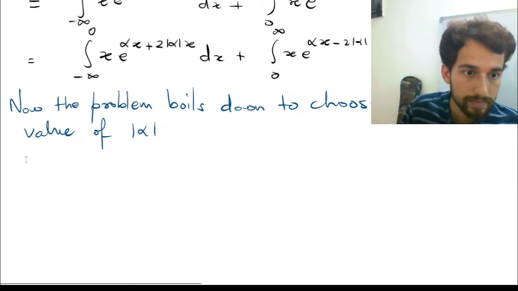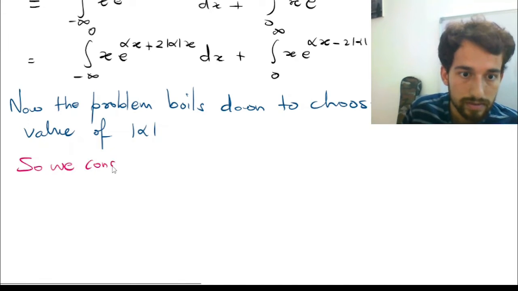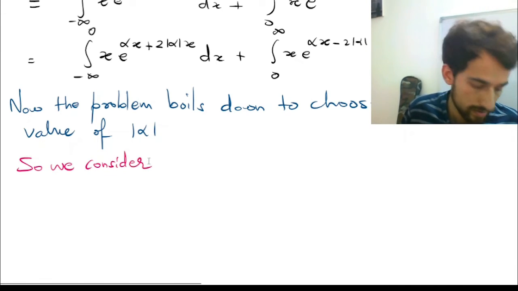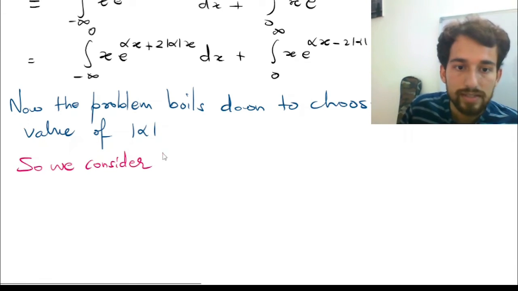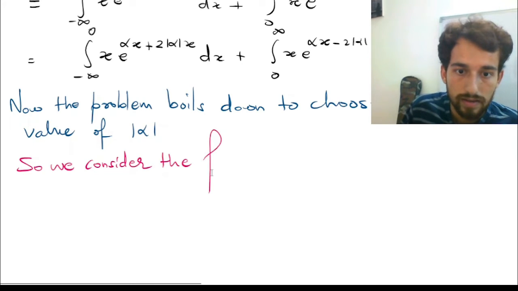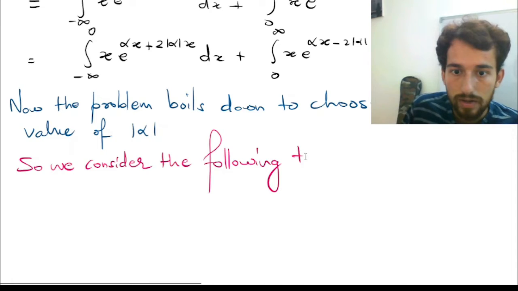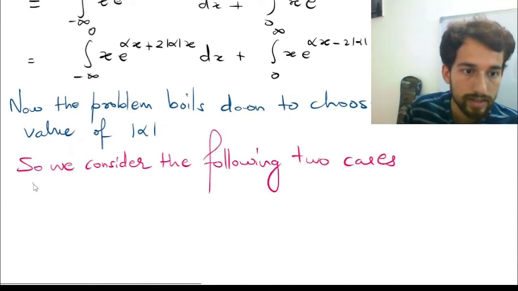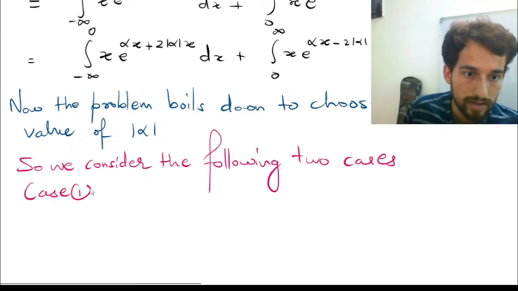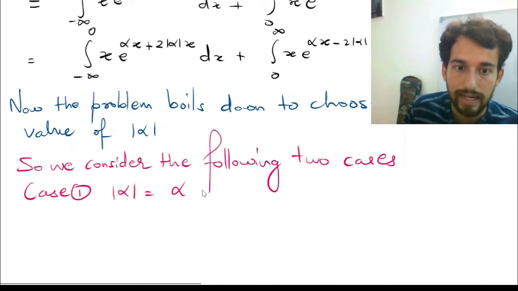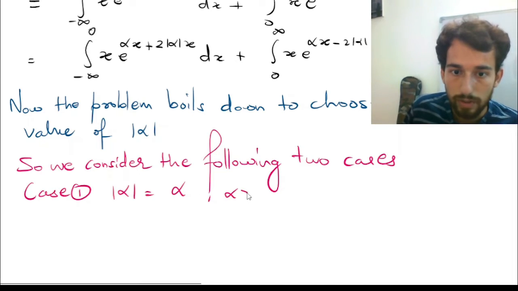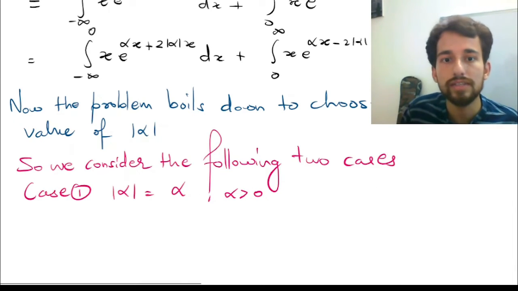So we consider the following two cases. That is, my case 1, when my mod alpha assumes a value of alpha, that is, my alpha is positive. I'm assuming my alpha is positive.